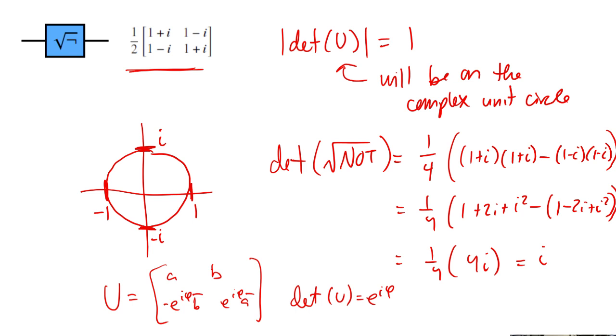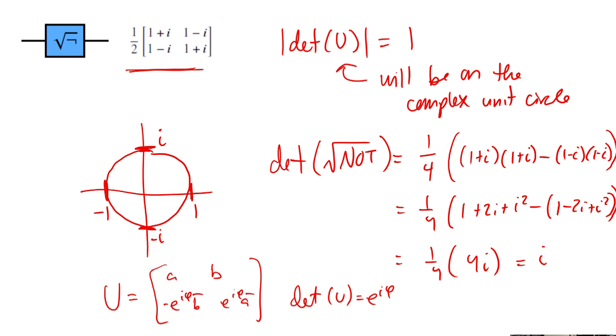And that's going to end up being 1 plus 2i plus i squared minus 1 minus 2i plus i squared. So 1/4 times 4i. So that's i. It's okay that it's not 1. It's still on the unit circle, so it still conforms to our requirement for determinants of a unitary matrix.